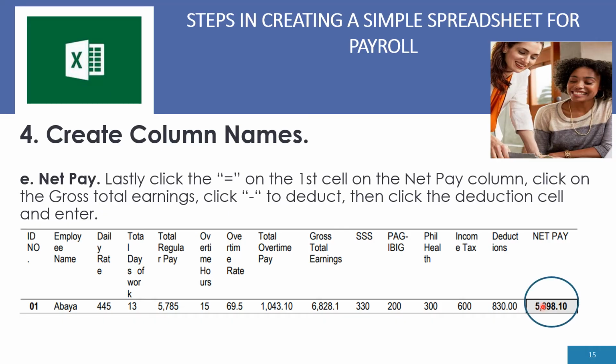After typing equal sign, you are going to click the gross total earnings. After clicking this, you type the minus sign to deduct, then click the total deductions. After clicking this portion here, press enter.